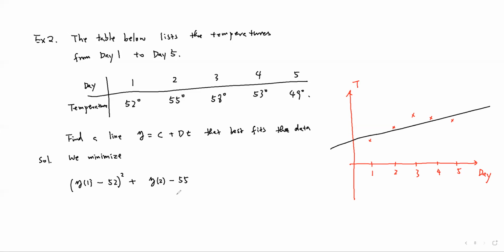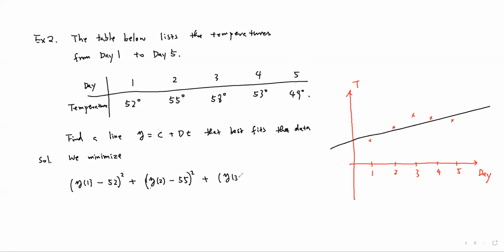This number can be positive or negative. I don't want this number to cancel that number, so take the square to make it positive. Then sum.